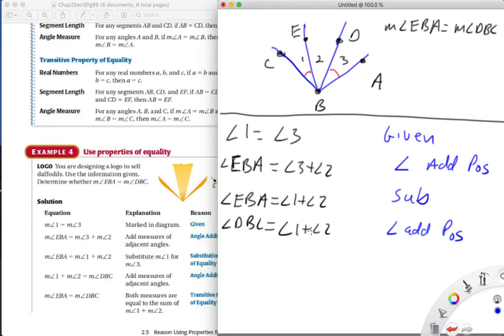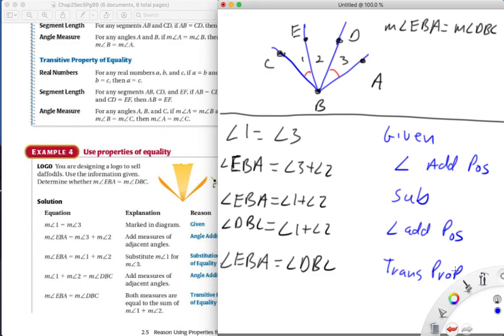DBC is also equal to angle 1 plus angle 2. Since they're both equal to the same expression, then I can say that they're equal to each other. And I can say that angle EBA is equal to angle DBC. And they're equal because of the transitive property of equality.